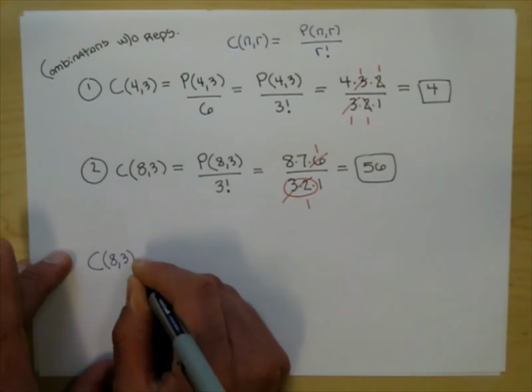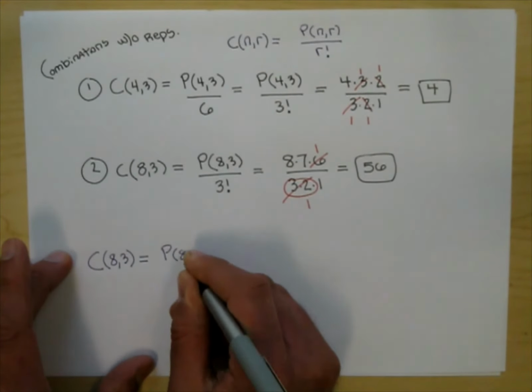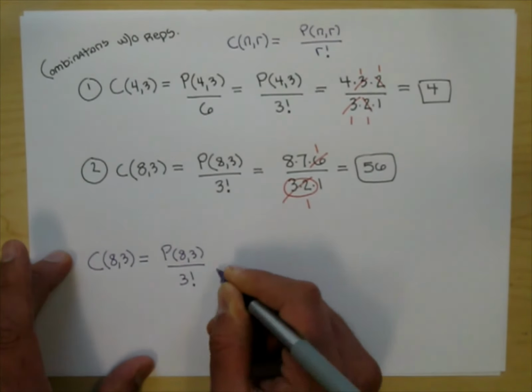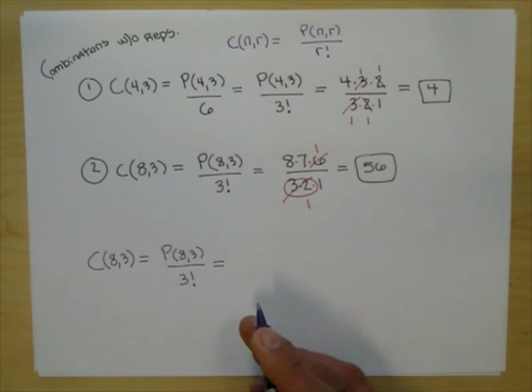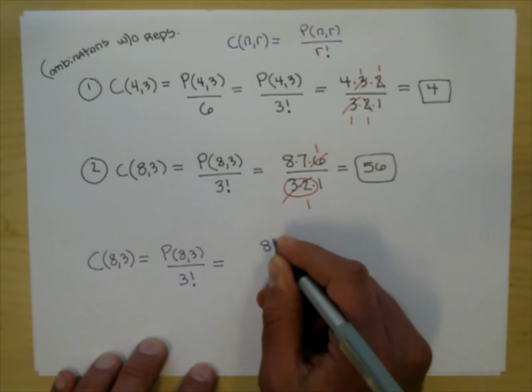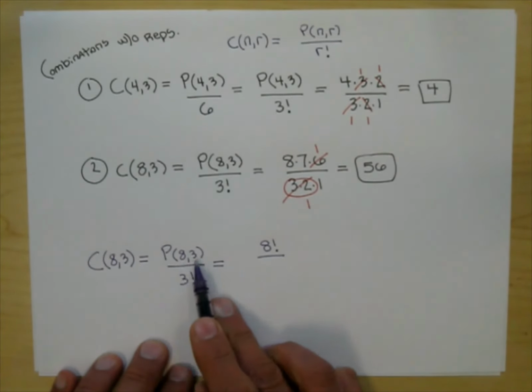8 choose 3 is 8 pick 3 divided by 3 factorial. Now, using that thing labeled another formula, 8 pick 3 becomes 8 factorial over 8 minus 3. What is 8 minus 3?